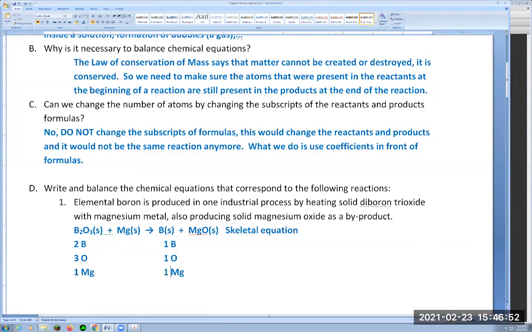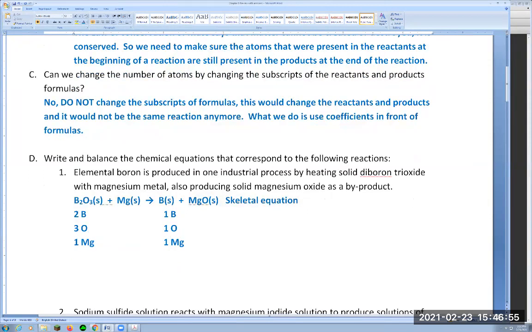So you're counting how many atoms of each kind you have on both sides of the arrow, and you see where they are not equal. Here we have 2 boron on the left and only 1 on the right. So we want to balance boron. To balance boron, you need to make it times 2 on the right side, because you have 2 on the left, so you want to make it 2 on the right.